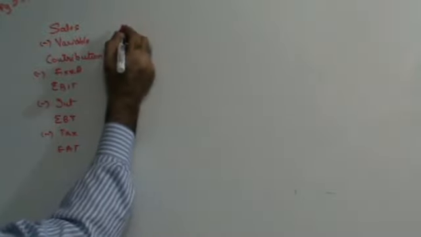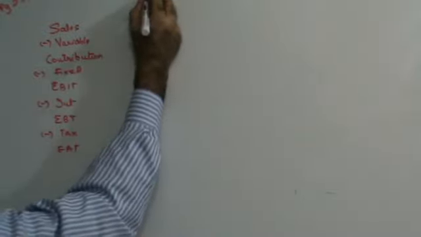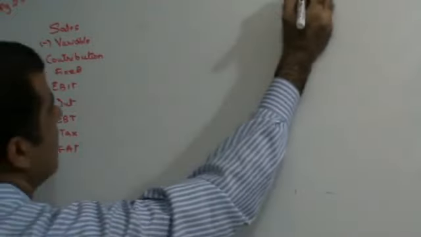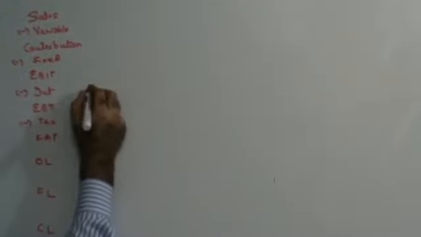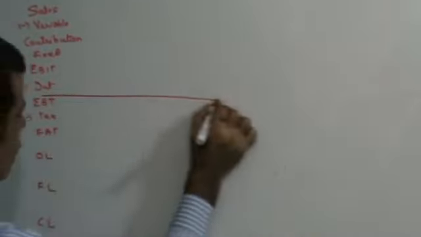Right? Now, let's see this. They give you 3 plans: plan A, plan B, and plan C. They've given you the leverages: operating leverage, financial leverage, and combined leverage.